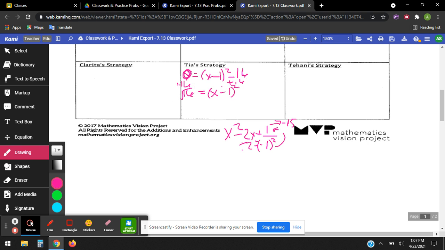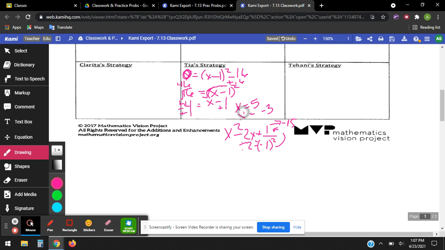Well, the square root of 16 is 4, so plus or minus 4 equals x minus 1. Plus 1, plus 1. So 4 plus 1 is 5, or -4 plus 1 is -3.